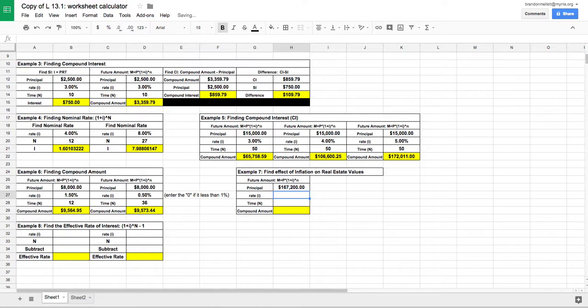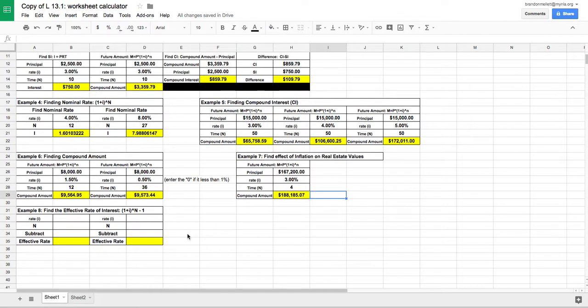We also find a 3% rate, and the time is over 4 years. Let's compound this out, and we'd find the value of this house to be $188,185.07.